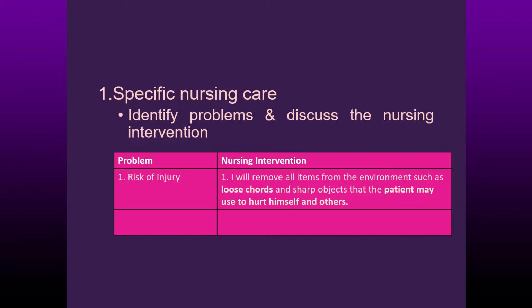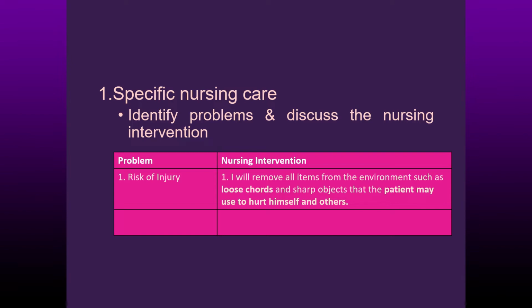You should have a column for a problem and a column for nursing intervention. Okay, so after you identify a problem in this patient, you have to write it down. Then in the other column under interventions, you write your nursing interventions.